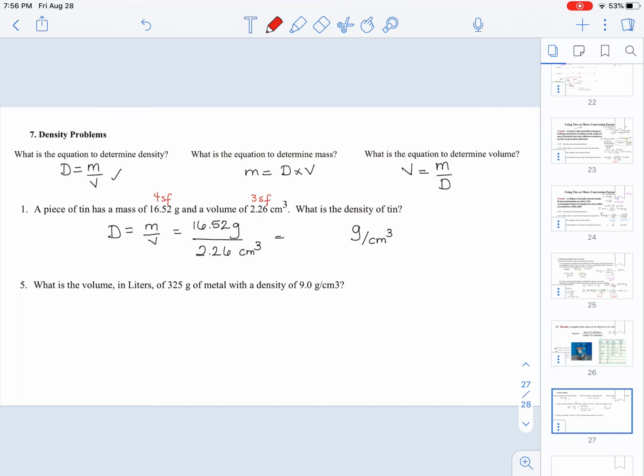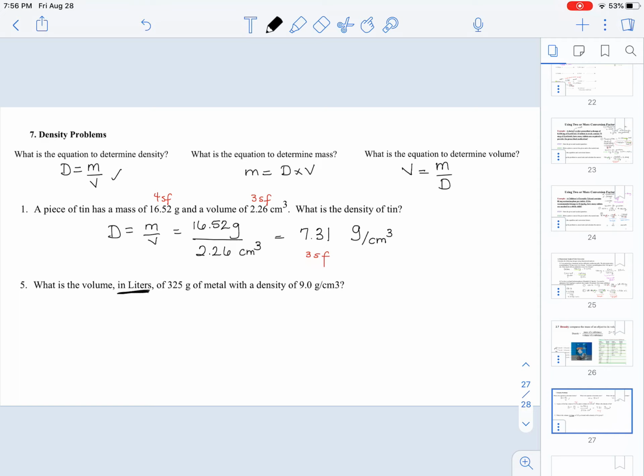You have another 3 questions that you can practice on your worksheet. In this one, we have to find volume, but specifically we want that volume in liters. We know that our metal is 325 grams, and our density is 9.0 grams per centimeters cubed. Because we want volume, we use the third equation: volume equals mass over density.